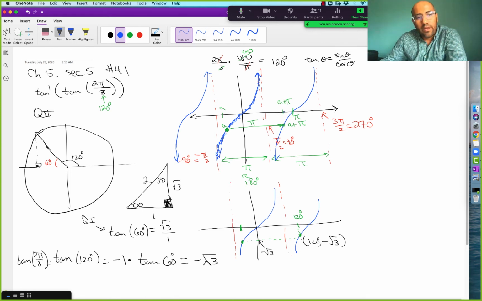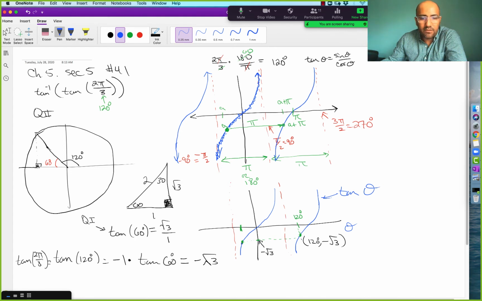So we started out at 120 degrees, or 2 pi over 3. We plug it into our tangent function, and it gets us to this point right here, which is negative root 3. Okay? In degrees, we start at 120 degrees. We plug it into our tangent function. That's what this is. This is the tangent of theta function. Good. And so we get to here. But now, when we want to go backwards and plug it in the tan inverse function, it's not going to map me to that one.